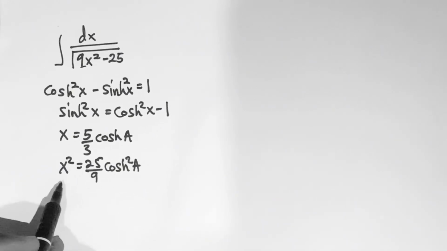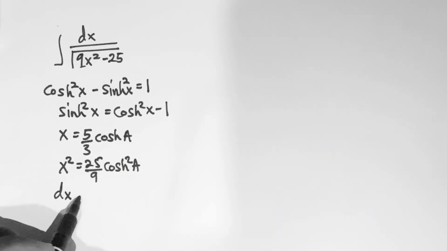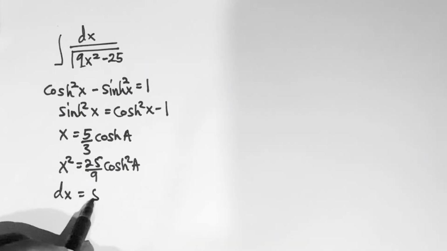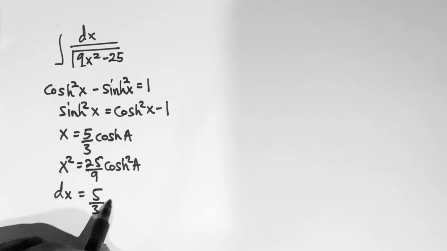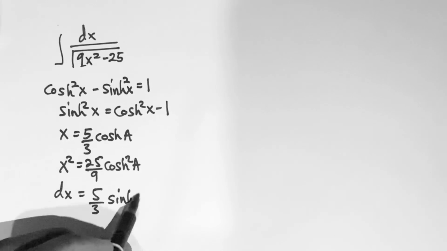So the integral becomes, however, let's find dx. dx is equal to 5 over 3, then if you differentiate cosh A, you are going to get sinh A dA.